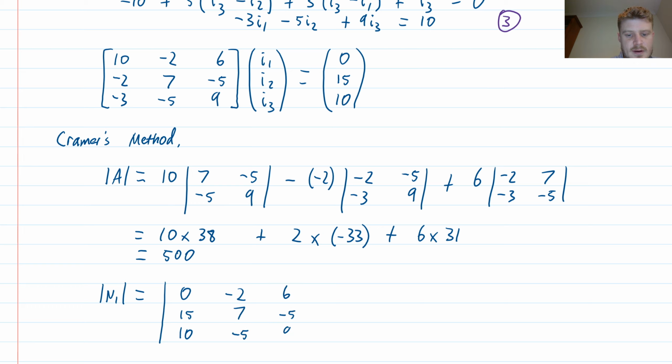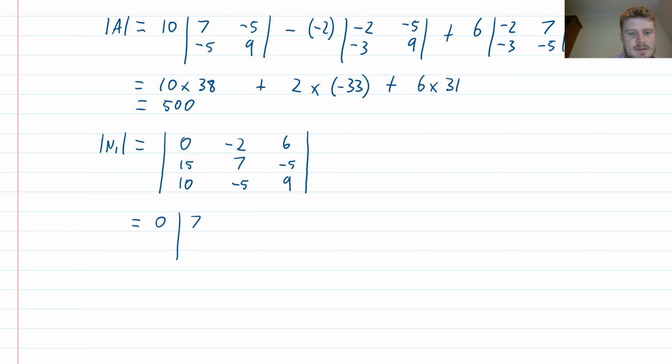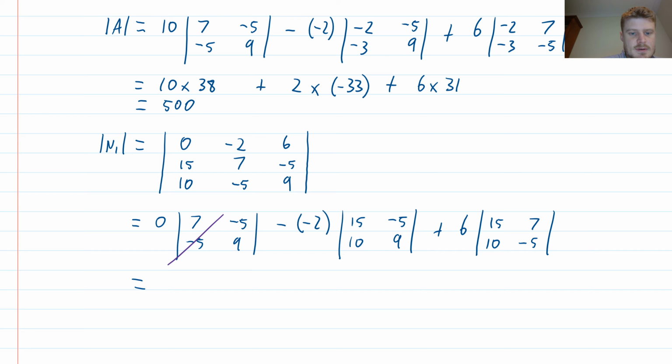So to evaluate this determinant, well, that's 0 times this block. Don't really need to bother with that one because it's multiplied by 0. There'll be a minus of -2 times this determinant. I will just write it out. Finally, plus 6 times this determinant. First term is just 0, so nothing needed there.